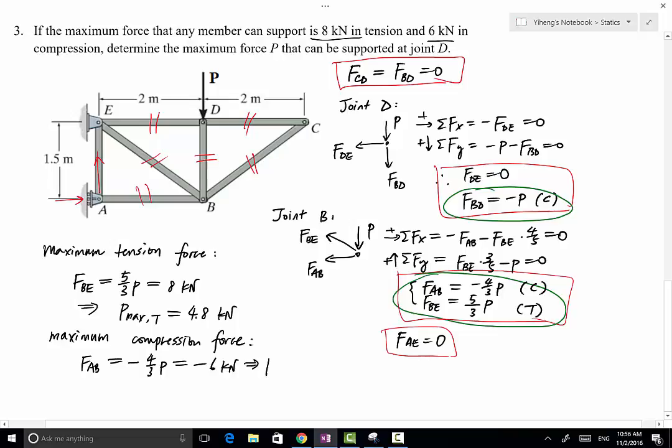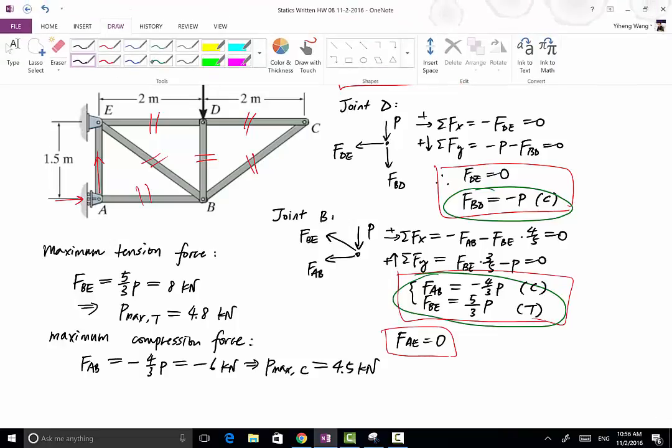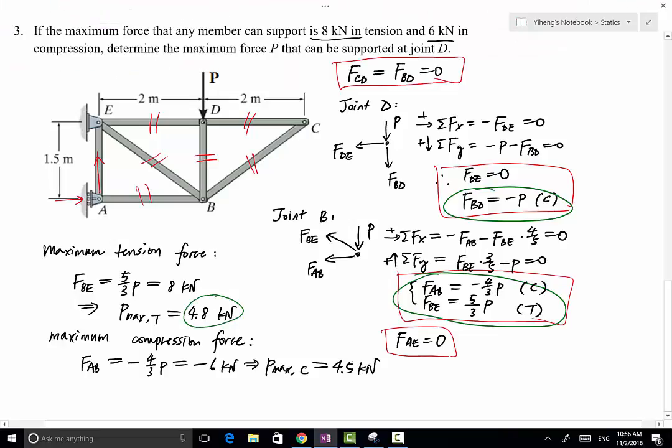From there, we can solve for P max from compression to be 4.5 kilonewton. So at this point, you realize that we have solved for two P max, and they're not the same.